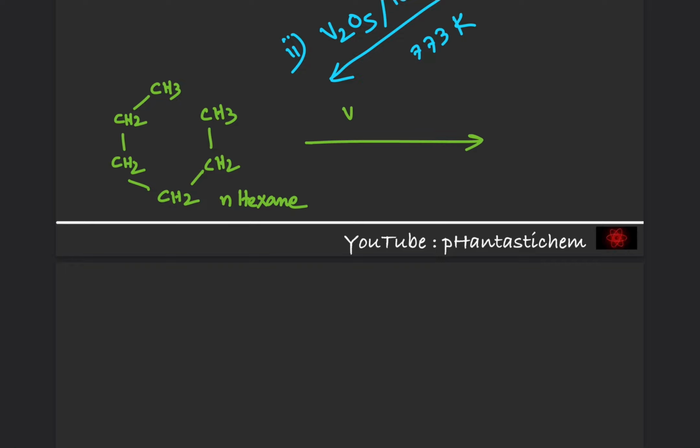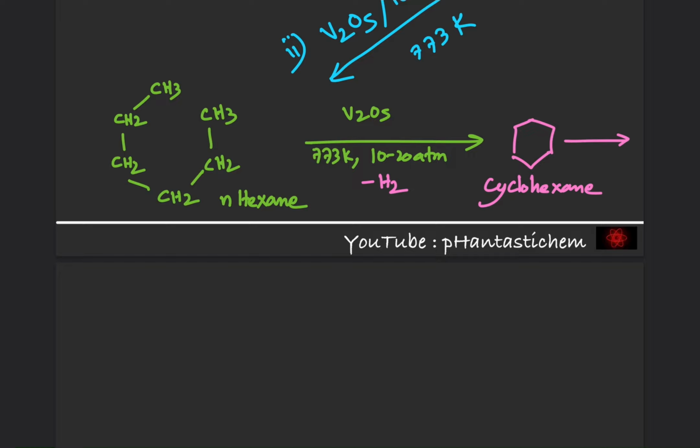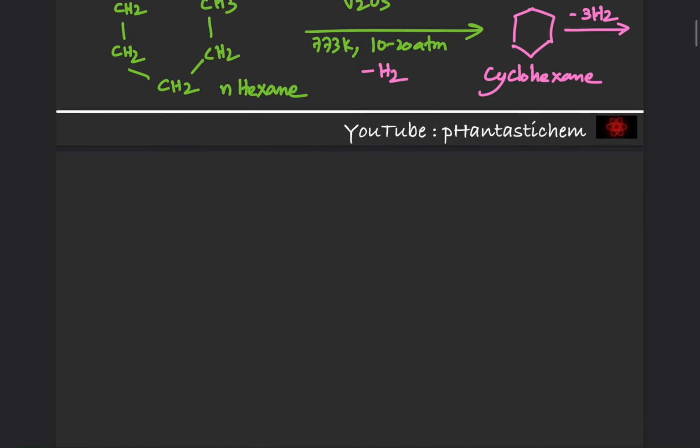This in the presence of V2O5, 773 Kelvin, 10 to 20 atm. Okay, so it will lose a molecule of hydrogen to give us cyclohexane first, and the cyclohexane will further lose 3 molecules of hydrogen to give us benzene ultimately.